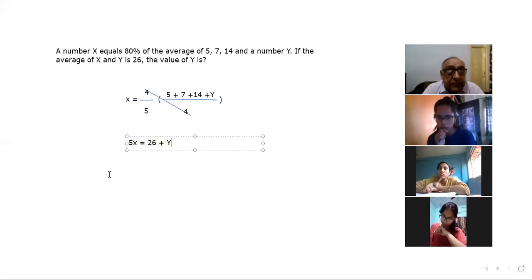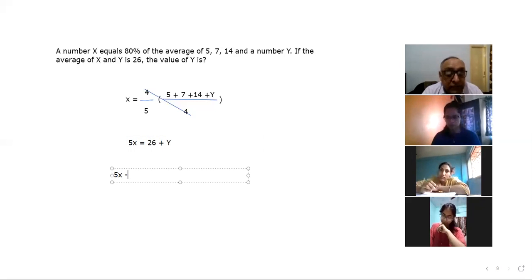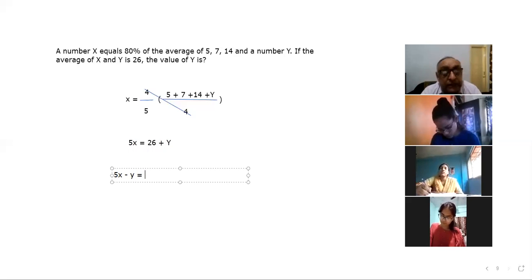Let us take it that from this equation, 5x minus y is equal to 26. And the average of x and y is also 26.